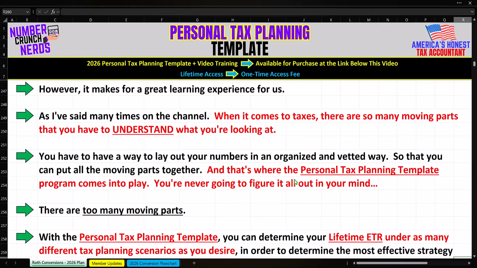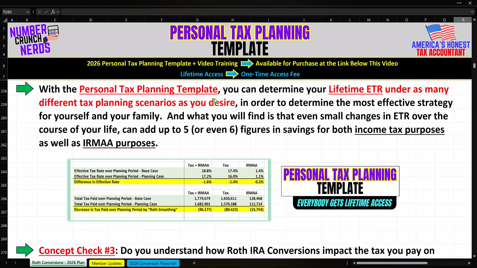And that's where the personal tax planning template program comes into play, because you're never going to figure it all out in your mind. There are just far too many moving parts in the process. With the personal tax planning template, you can determine your lifetime ETR under as many different tax planning scenarios as you desire in order to determine the most effective strategy for yourself and your family.